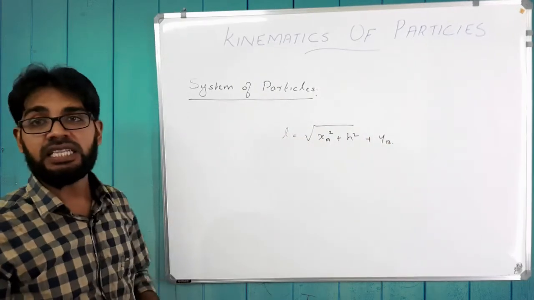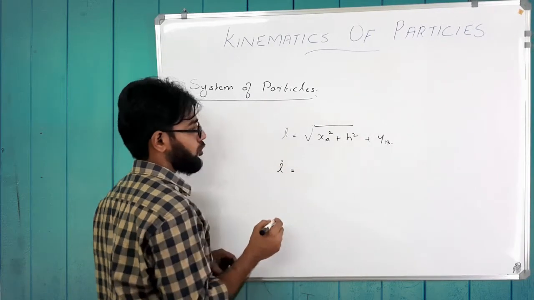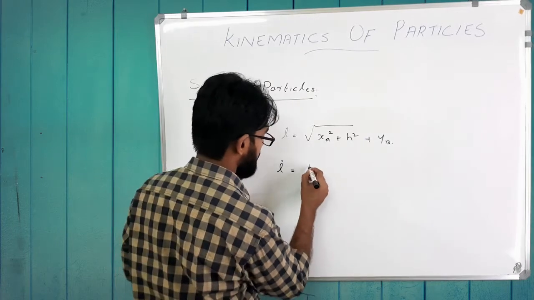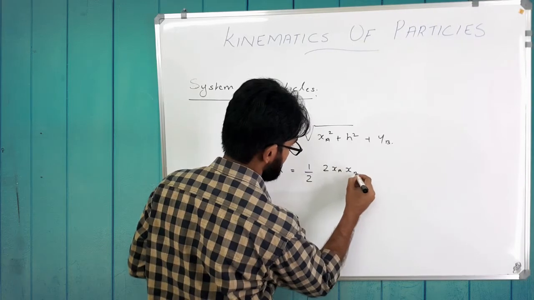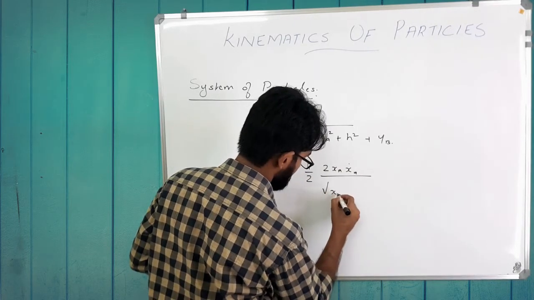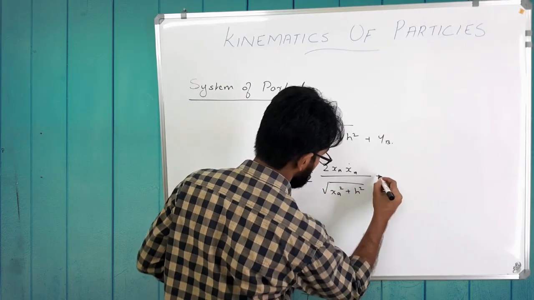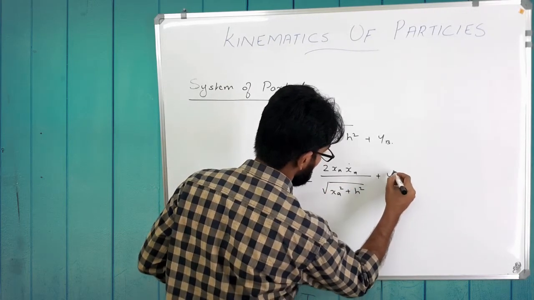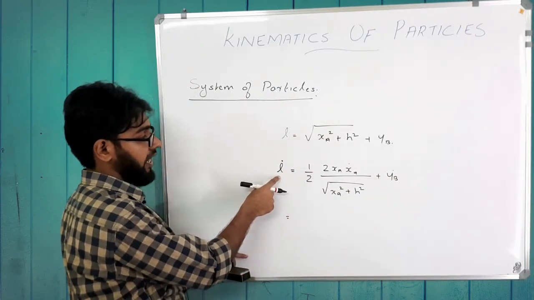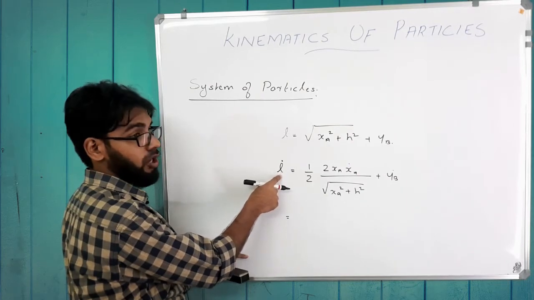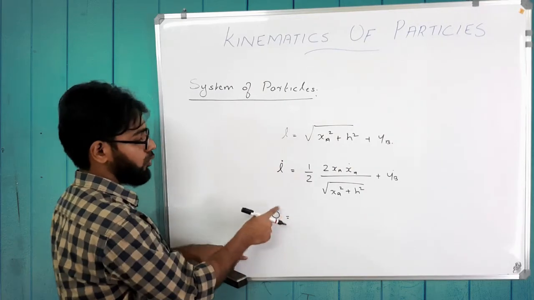Now, if I take the derivative of this, L dot is equal to, if I take the derivative, half into 2 xa dot by root of xa square plus h square plus yb dot. Now since the value of L is constant, L dot will be equal to 0. The derivative of L will be equal to 0.